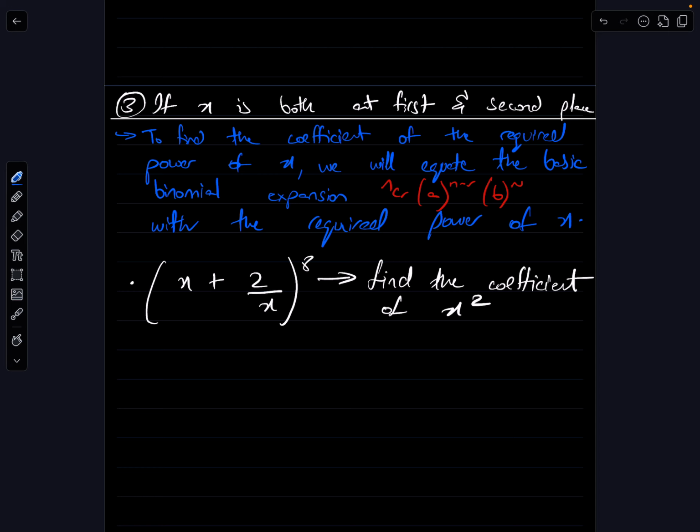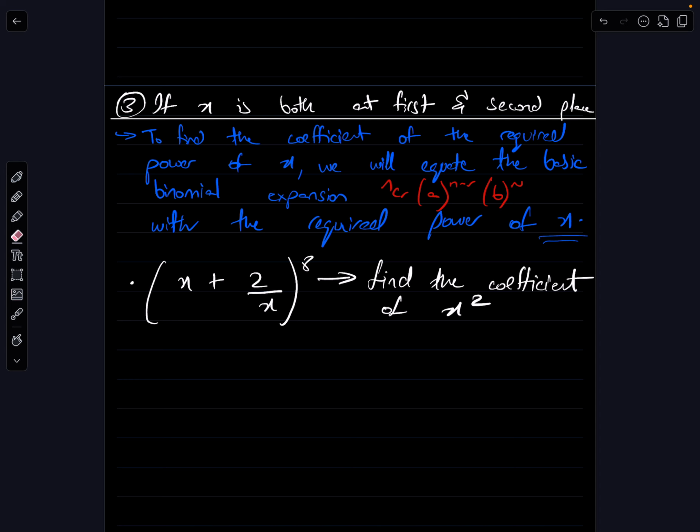What would we do if x is both at the first place and also the second place? In such a case, there's no shortcut. We need to equate the basic binomial expansion, that is this, with the required power of x.